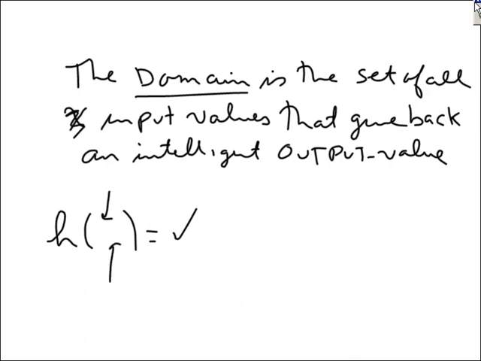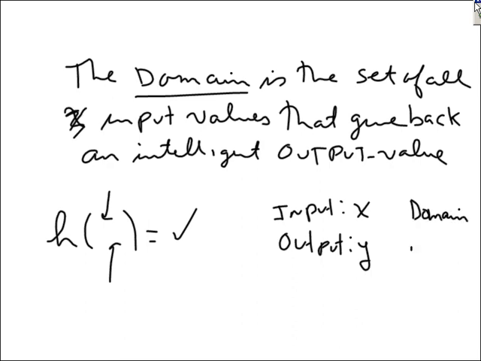Now, like I said, usually inputs are x values and outputs are y values. X and y. X is before y. And this is how I remember: domain and range.